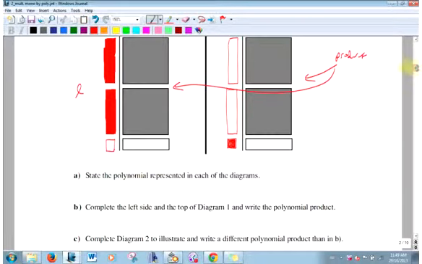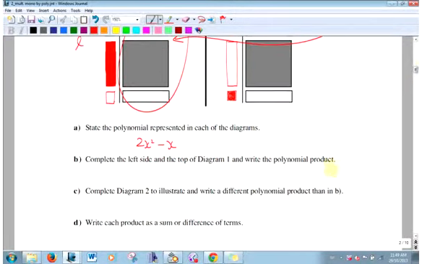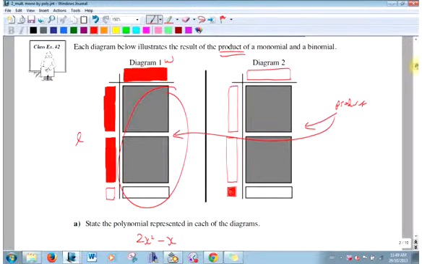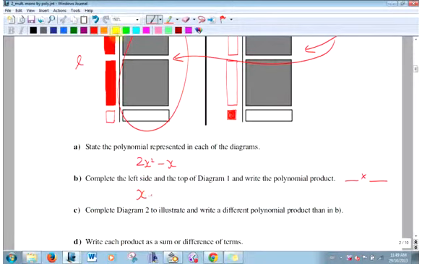Okay? State the polynomial represented in each of the diagrams. Well, what is this? That's 1x squared, 2x squared, minus x. Complete the left side and top and write the polynomial product. Product means something multiplied by something else, right? Well, I already did that. What do I have here? If I get an x and I times it to a 2x minus 1, I have to bracket that, right?